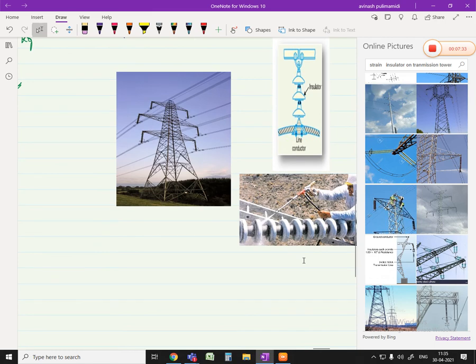So what are the points we can write over here? First point: suspension type of insulators are cheaper than the pin type of insulators.